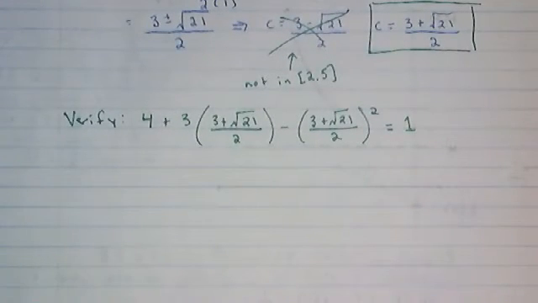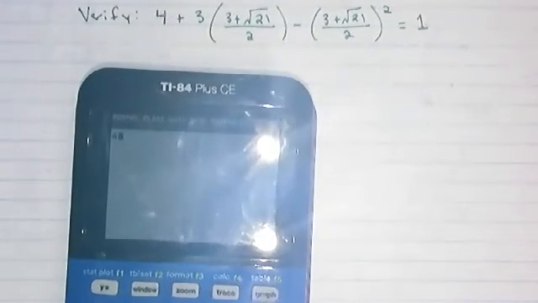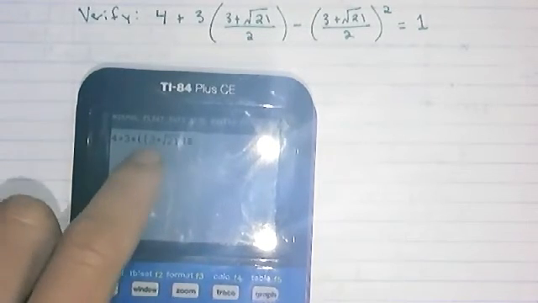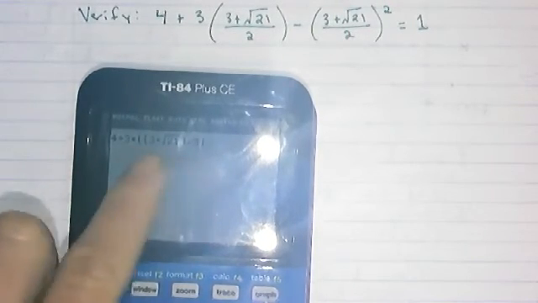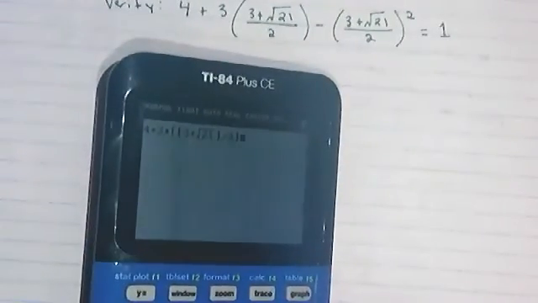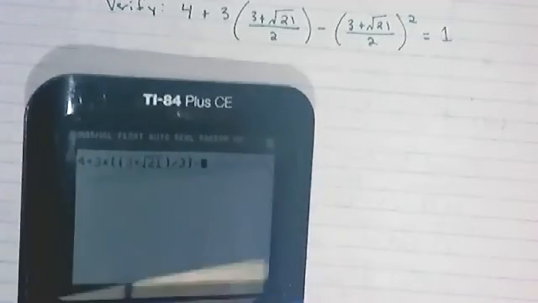Well, not the nicest thing to plug into a calculator, but you can do it. 4 plus, I'm going to do 3 times parentheses. I want 2 parentheses because I'm going to do 3 plus the square root of 21. Close the numerator parentheses, divide by 2. Close the parentheses that hold that whole quotient. And then I need to subtract that whole guy squared, which is kind of dicey.